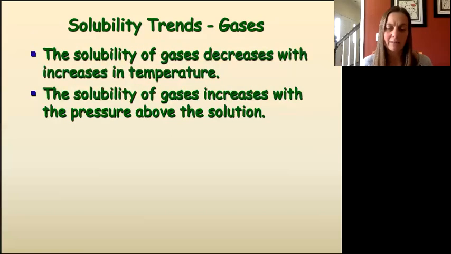When you open a can of soda, you hear that shh sound, and that's actually pressure releasing from the can. By keeping it bottled under pressure, they're keeping as much of that carbon dioxide gas in the soda as possible.